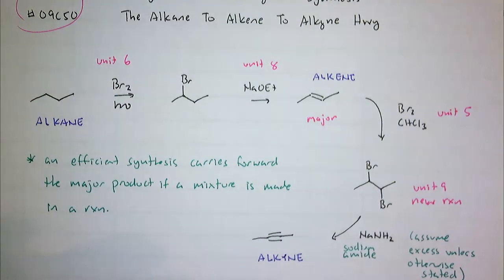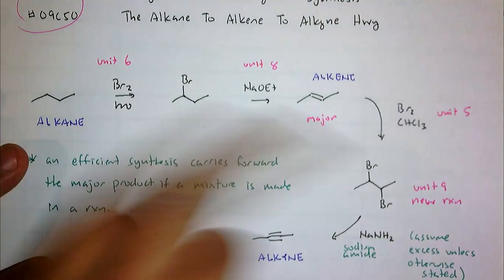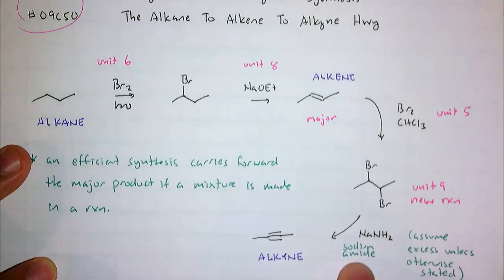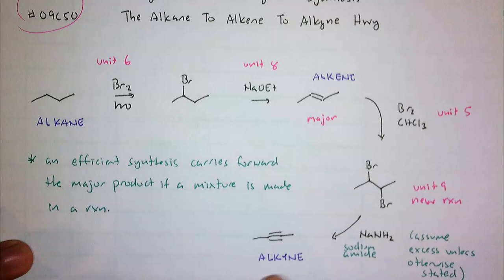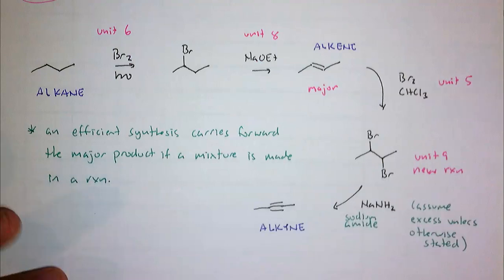Okay. Don't worry, I'll explain this reaction, but this is a synthesis. 1, 2, 3, 4 reaction synthesis. I mentioned that there might be a proton transfer. That's going to happen when we're trying to make what's called a terminal alkyne, but that's later on.